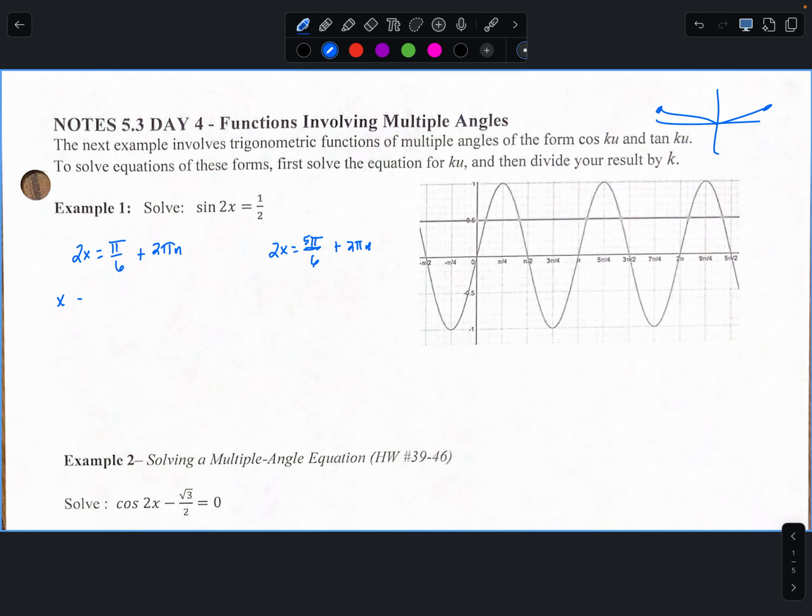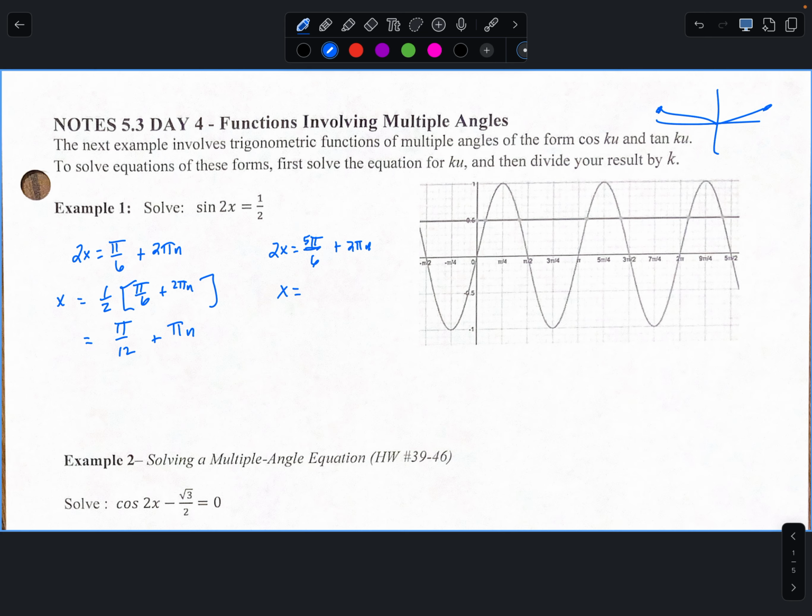And this becomes pi 12ths. And 1/2 of 2 pi n is pi n. And this is going to be where n is an element of the set of integers.